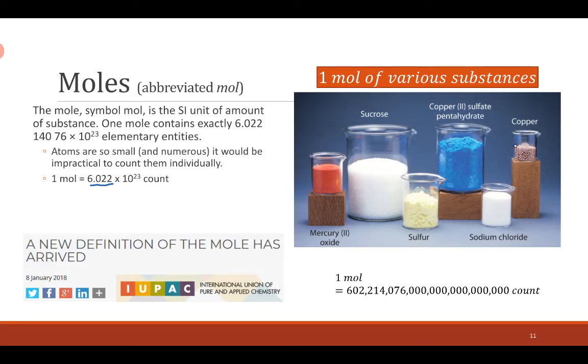And so each of these contains 6.022 times 10 to the 23rd power, either molecules or formula units, or individual atoms for the pure substances. Each of these contains just 1 mole of that substance. Different masses, different volumes, but same count of things, same count of particles.